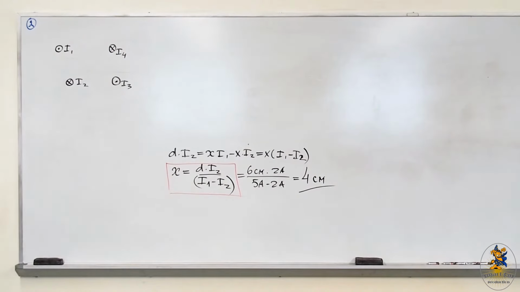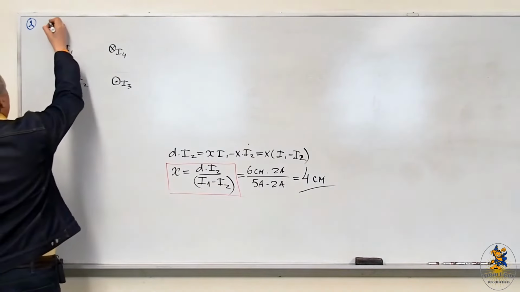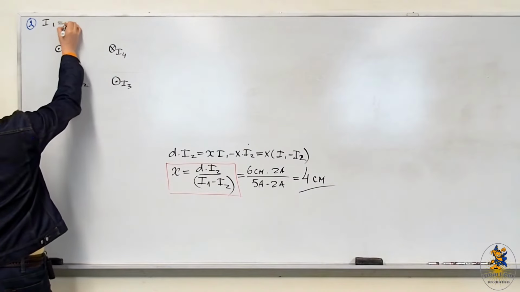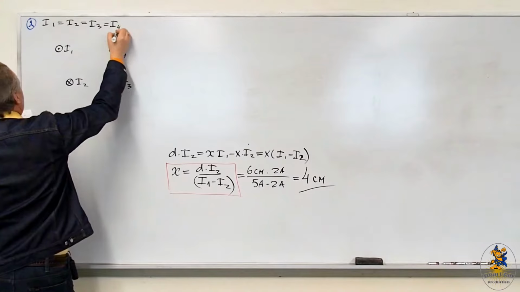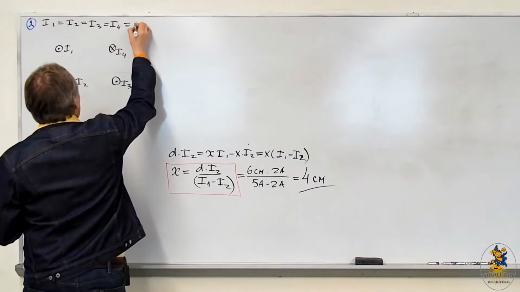So 4 currents. And they all have the same value. I1 equals I2 equals I3 equals I4, just for the sake of simplicity, 2 amps.